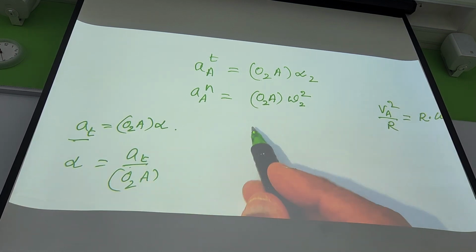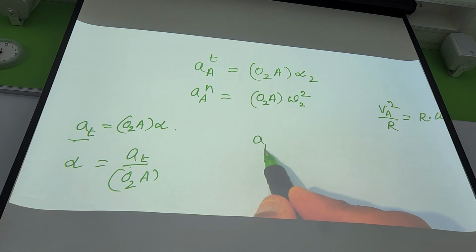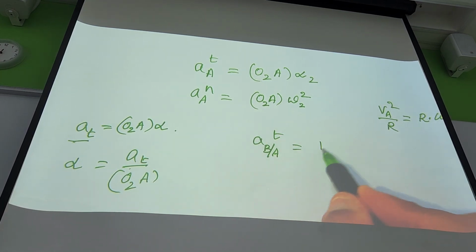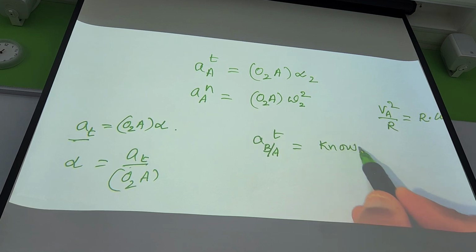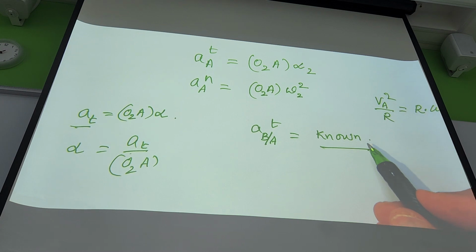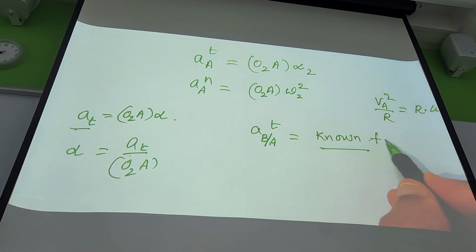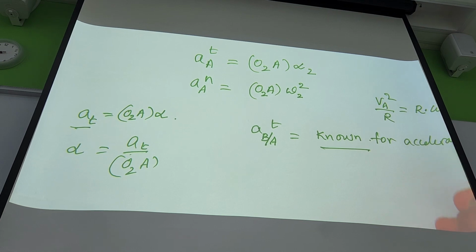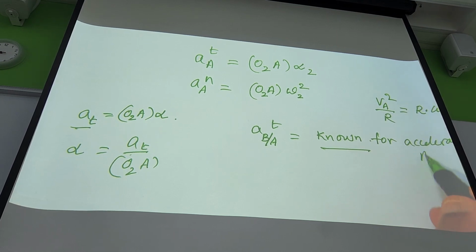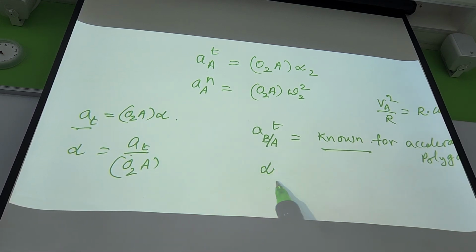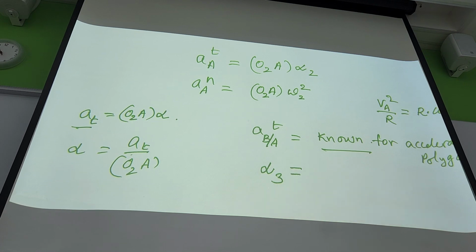Now, when you know acceleration of BA tangent, let us say you know this from the acceleration polygon, then you can easily calculate the angular acceleration of link 3.